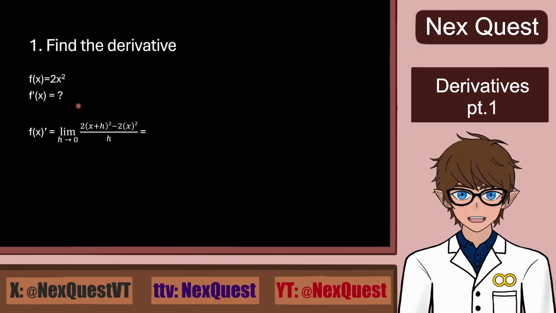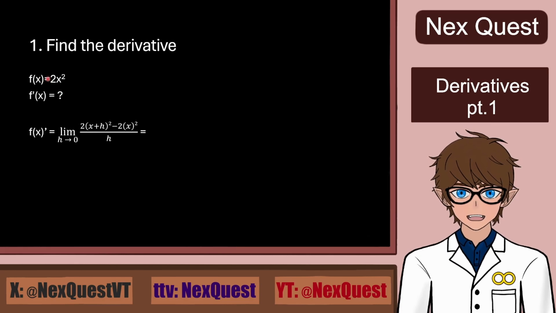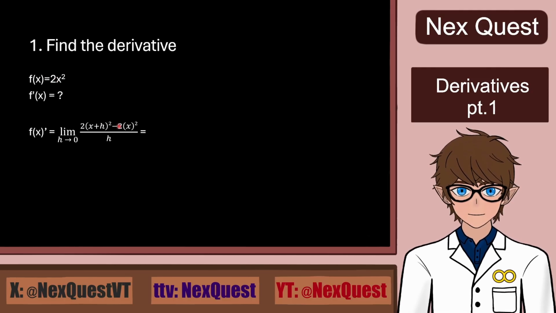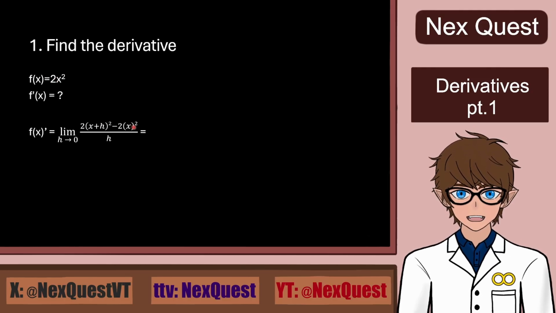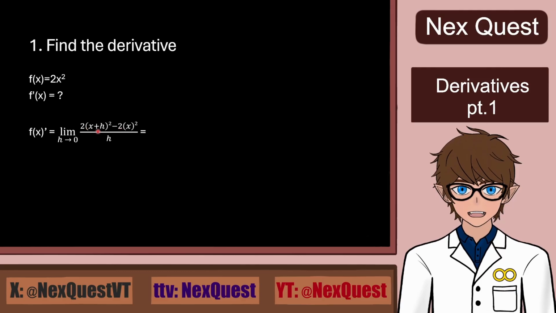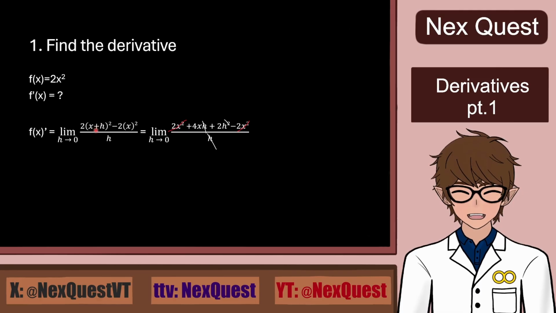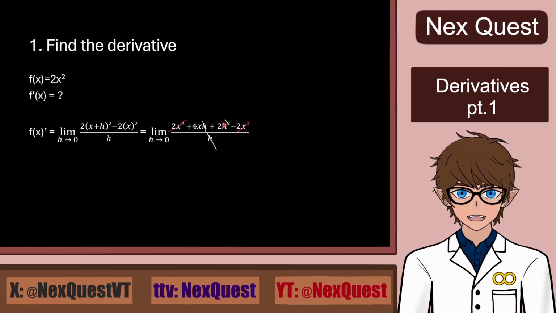We insert the function, because we remember the transformations of the functions, we insert x plus h instead of x, and this becomes this, then minus 2x squared, as minus f of x, divided by h. We open this up, so we basically square this sum, then multiply it by 2, we get this.